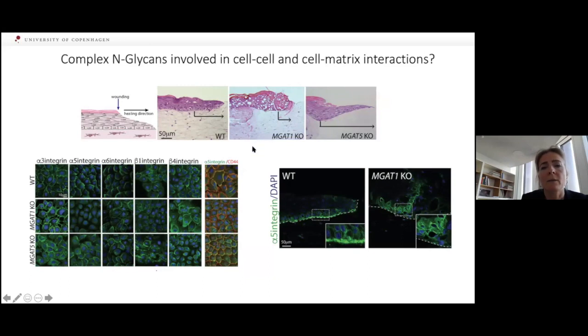A logical way would be to look at the integrins, and almost all integrins are displayed normally in all our knockout cells, except for integrin alpha 5, which has also been shown to be linked to wound healing. And we see integrin alpha 5 being localized inside the cells in the MGAT1 knockout and not transported to the membrane.